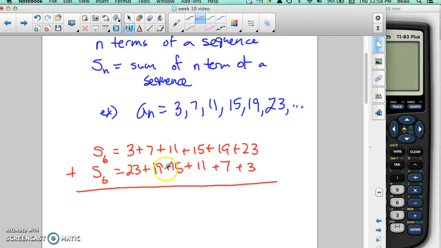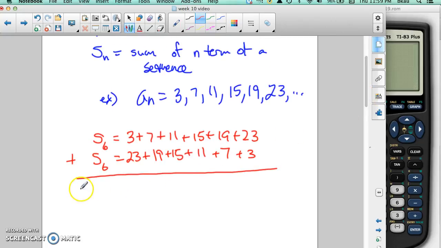Each time we do this we'll get a common number. So we're going to have 2 S sub 6's, 2 of the sum of 6 terms, and in each column we're going to have 26.